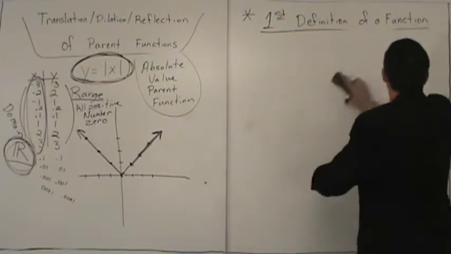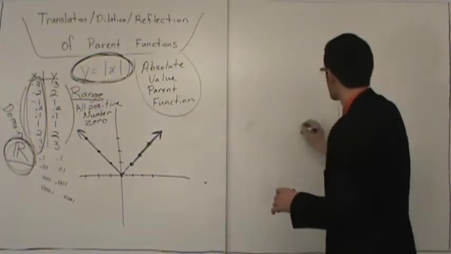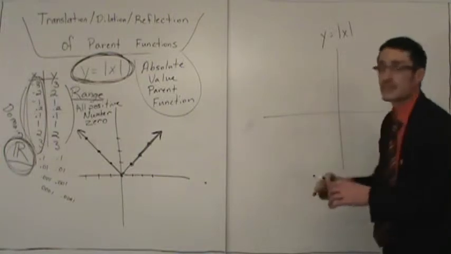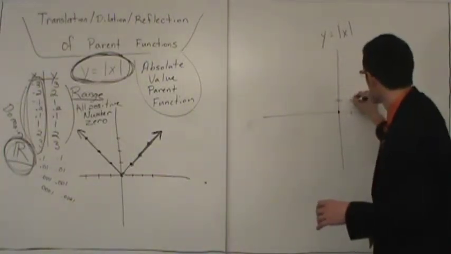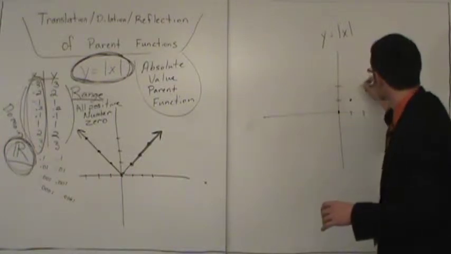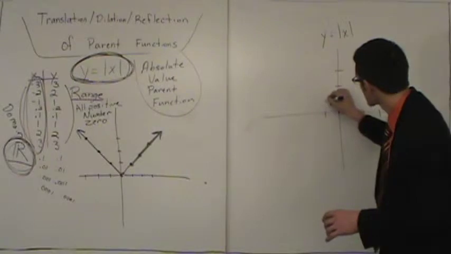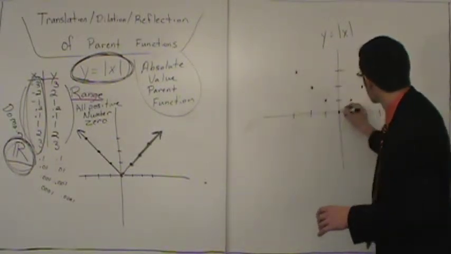You may not quite understand this yet. Here, we have y equals absolute value of x. We're going to establish domain and range visually. So we have 0, 0, 1, 1, 2, 2, 3, 3, negative 1, 1, negative 2, 2, and negative 3, 3.